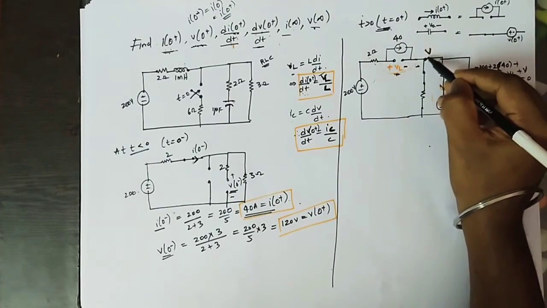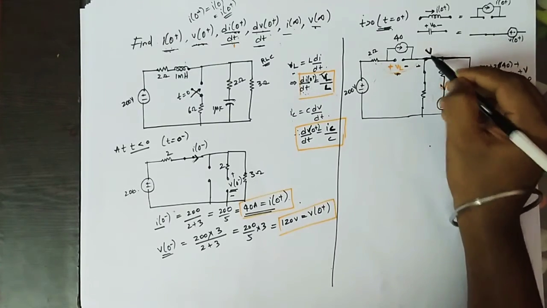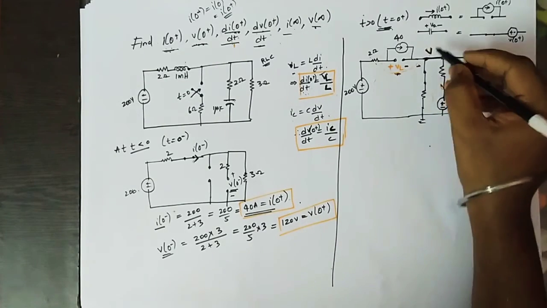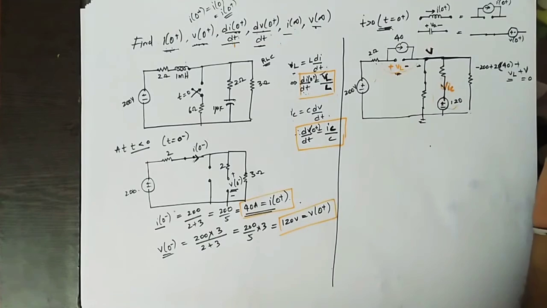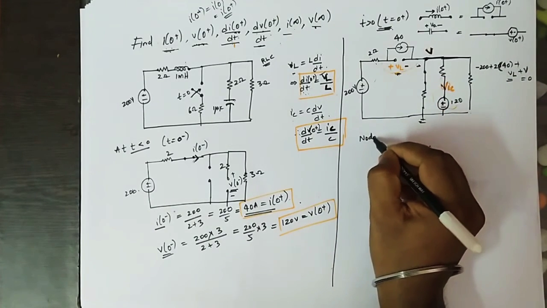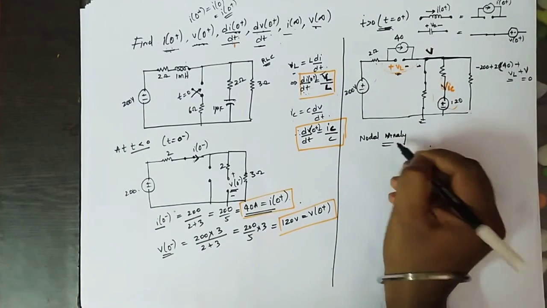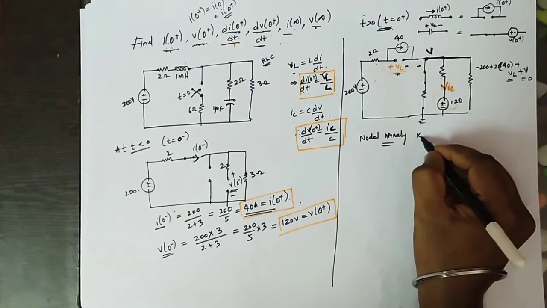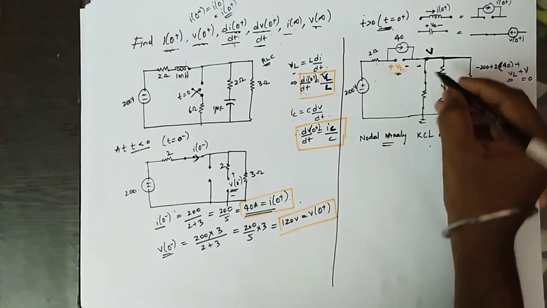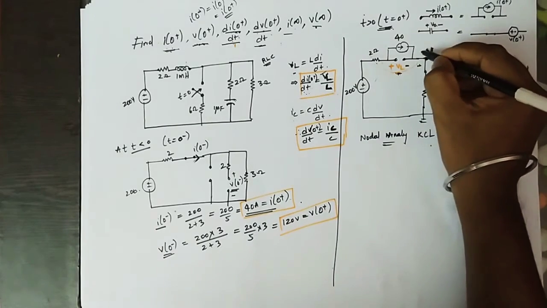So this is the node voltage of this entire loop with respect to the reference. I am keeping this as V. Now we will find V by nodal analysis, by the nodal equation. KCL at V, or at node 1, suppose.